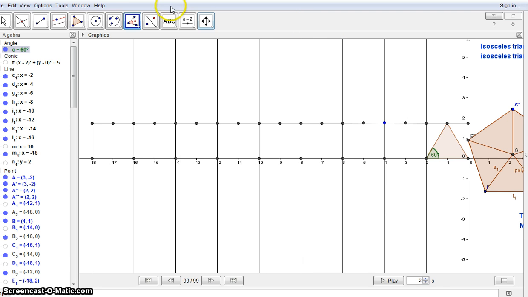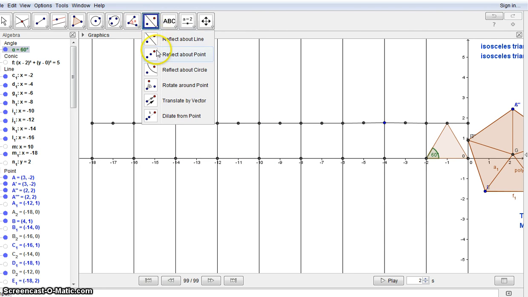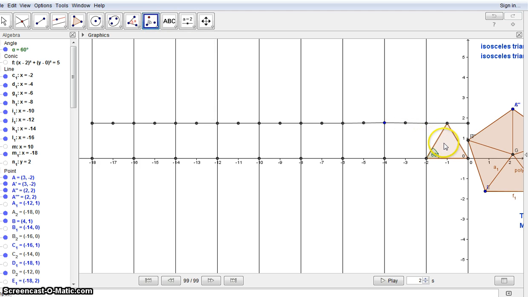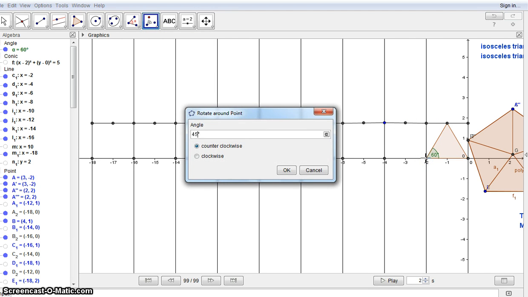So what I'd like to do is use, well, I guess I could use the reflection tool. I was thinking that I was going to rotate these around, which would be kind of fun. So let's do the first one by rotating this figure around this point, I don't know, 180 degrees. What will that look like?